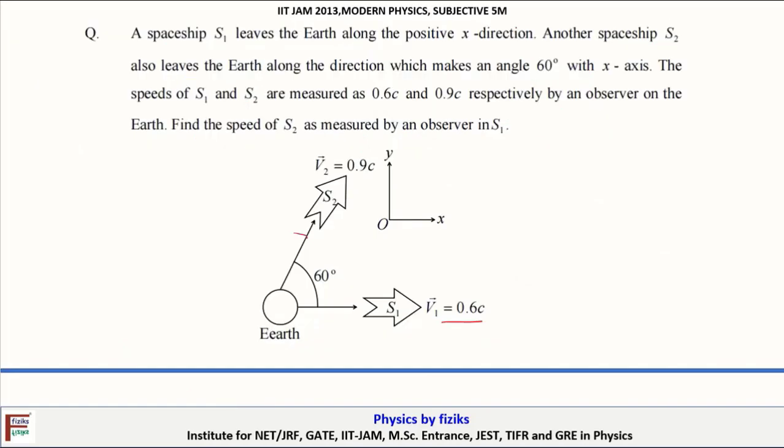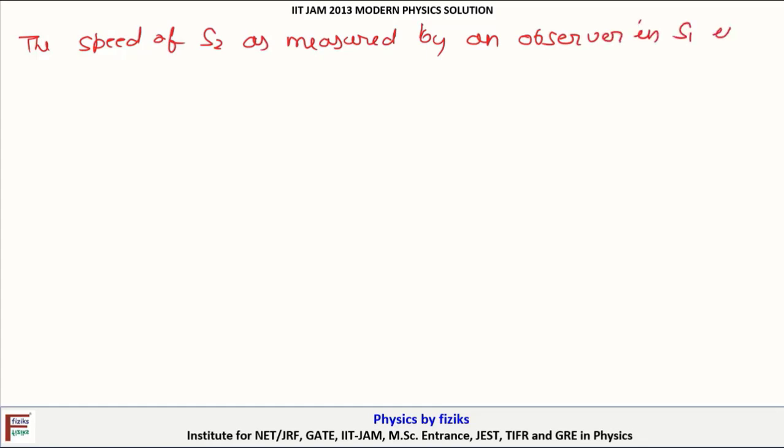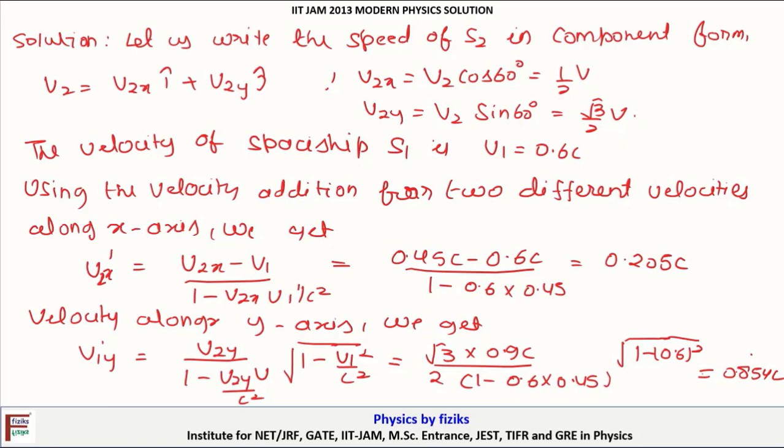Thus, the speed of S2 as measured by an observer in S1 is, I would be writing, V2x' and V2y', measured by an observer in S1.